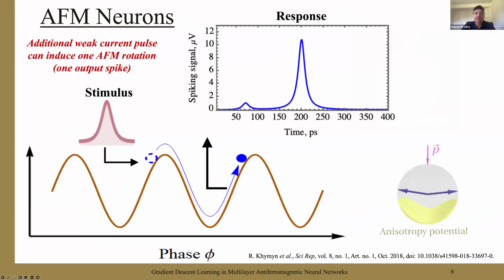With an additional pulse of current, the oscillator can act as a neuron, overcoming the energy barrier and causing a single oscillation. At the bottom of this sinusoidal path, the change in the angle phi is the fastest, which results in this output spike due to spin pumping.